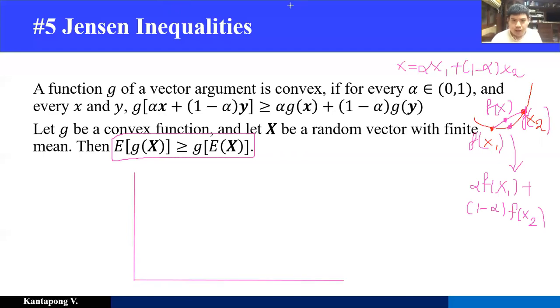So we have x and then g of x. Let's say it's convex. It's going to be something like this. So you take any two points.